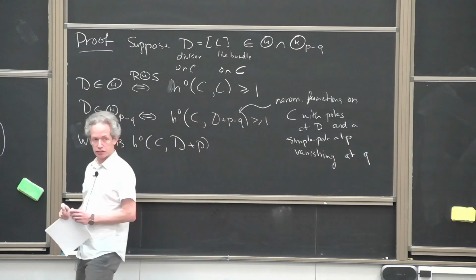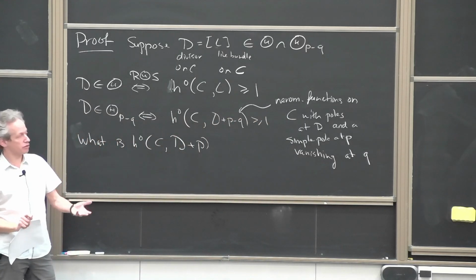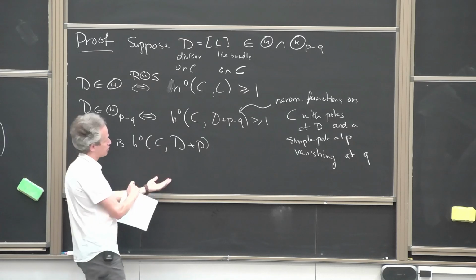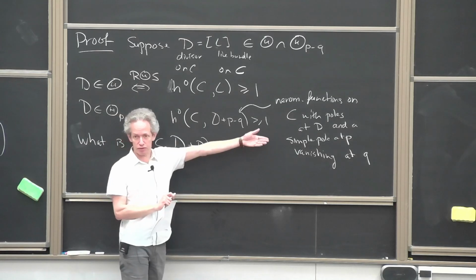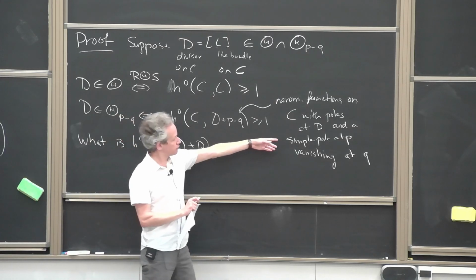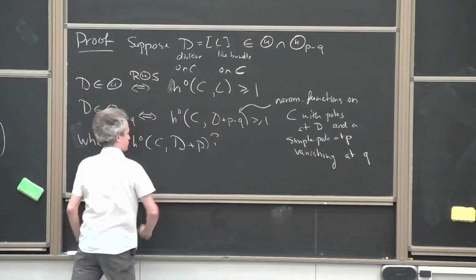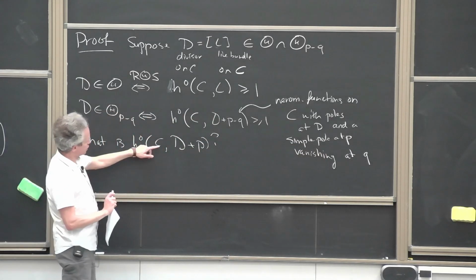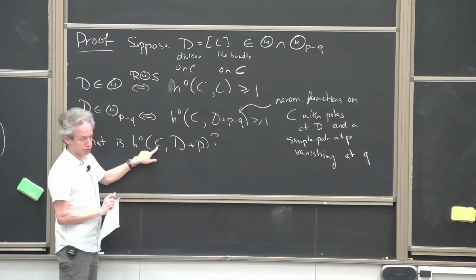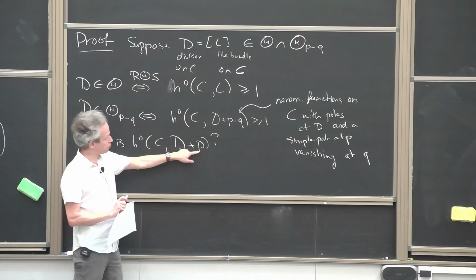I mean, a holomorphic section of a line bundle is a meromorphic function on the curve with given poles and a given vanishing. So let's understand what this could be. These are meromorphic functions on C with poles at D and poles at P.